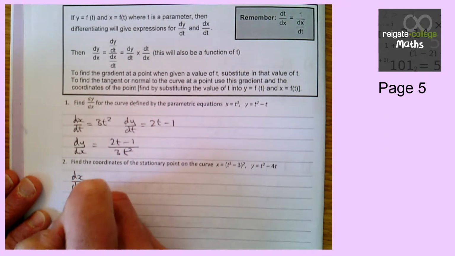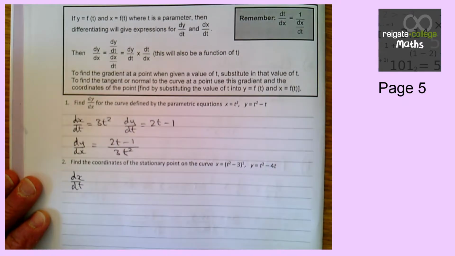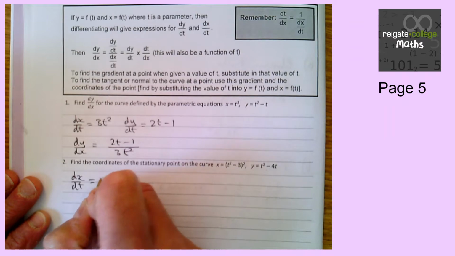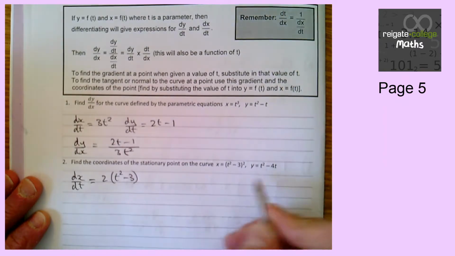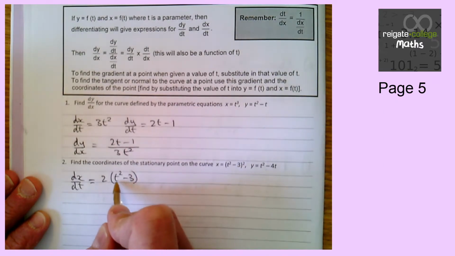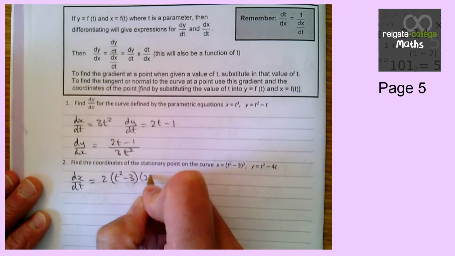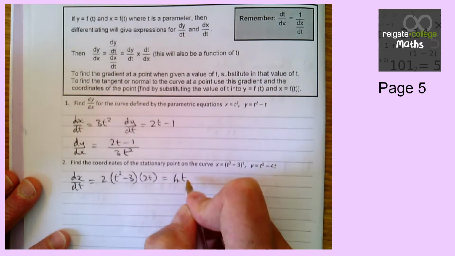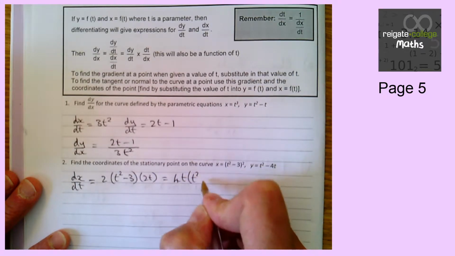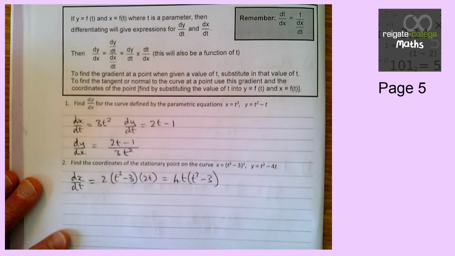We're going to differentiate the outer function outside the bracket, so that's equal to 2t squared minus 3, times differentiate the inner function, so that times 2t, and let's simplify that to 4t times t squared minus 3, or we could write it as 4t cubed minus 12t, I guess.